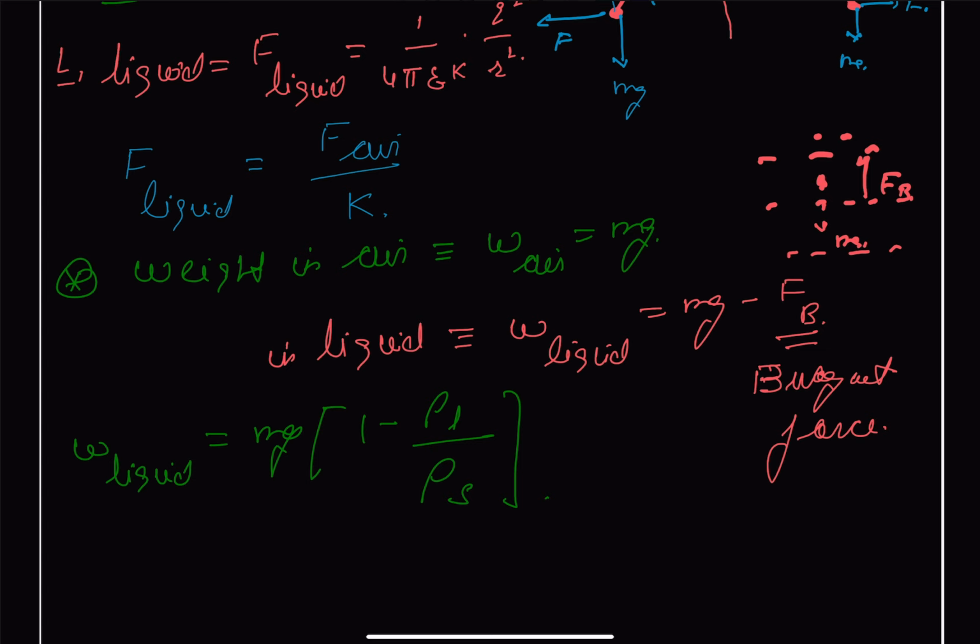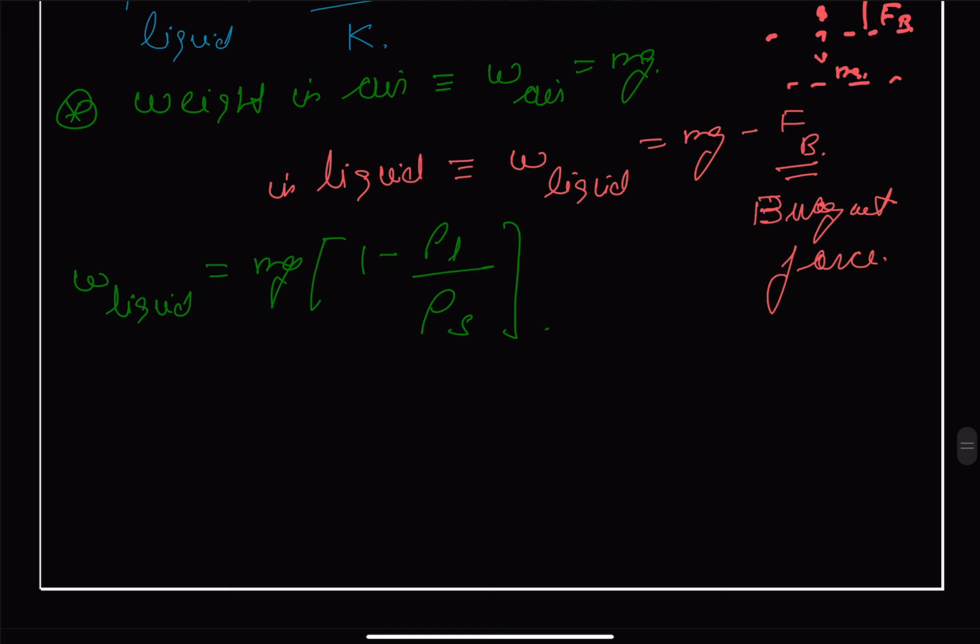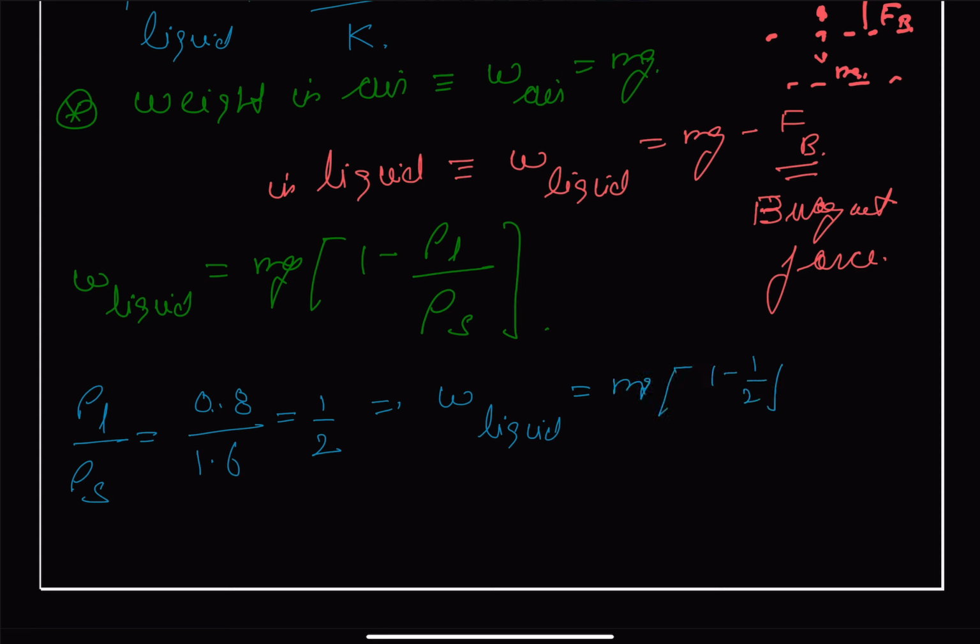So we can easily find the ratio: density of liquid divided by density of sphere will be equal to 0.8 divided by 1.6, which gives us 0.5. Therefore, weight in the liquid will be equal to our mg times 1 minus 1 by 2, which will be equal to mg by 2, that is half of mg. So we got the weight in the liquid.